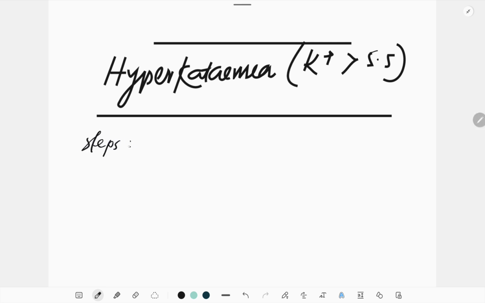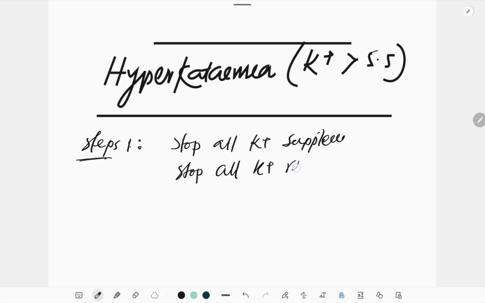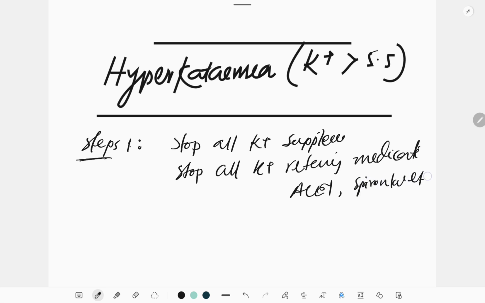Step 1 will be: stop all potassium supplementation or potassium containing food, and stop all potassium retaining medication like ACE inhibitor, ARB, spironolactone, etc. So this is step number 1, where we will stop all the potassium containing foods and potassium retaining medications.